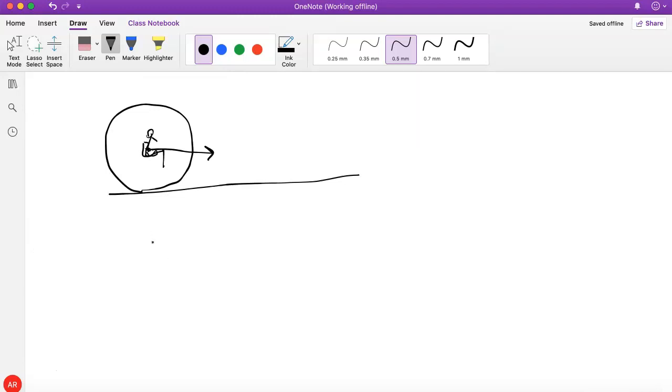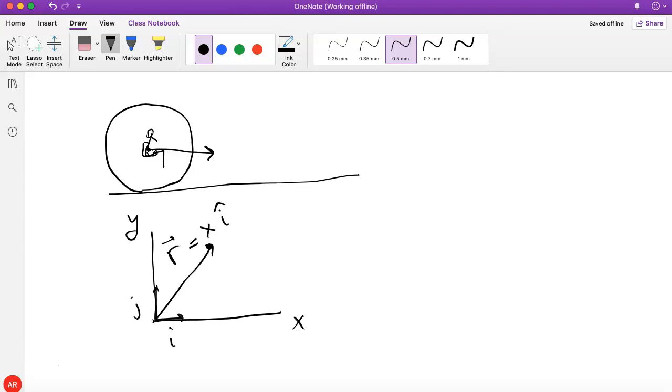So you may have seen this in 161, but it may be worth reviewing. Suppose you have one reference frame, let's say x and y, and you can represent the position of some point by some vector r, which is x times the unit vector i, plus y times the unit vector j.